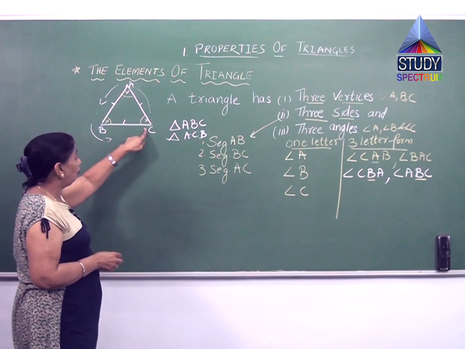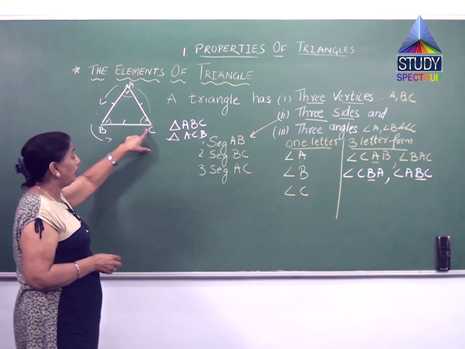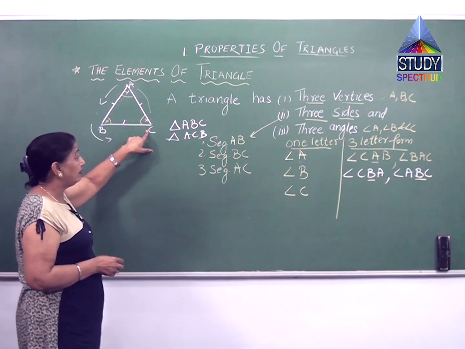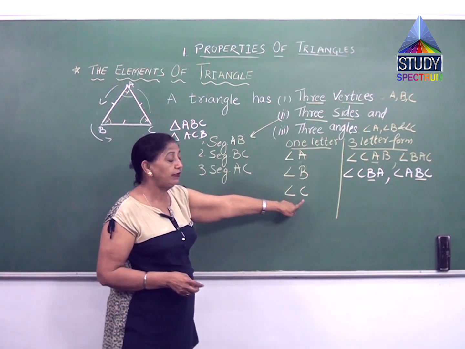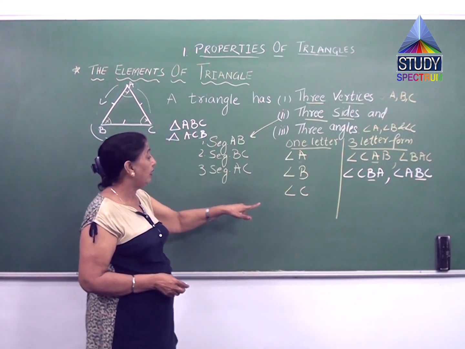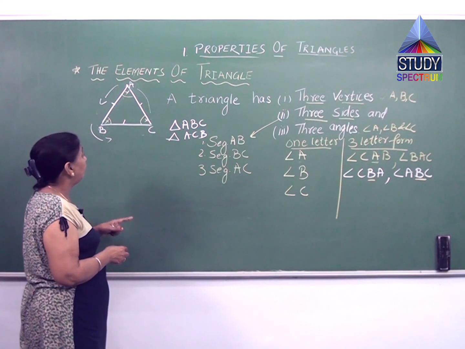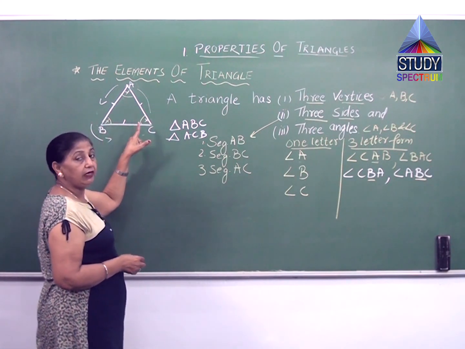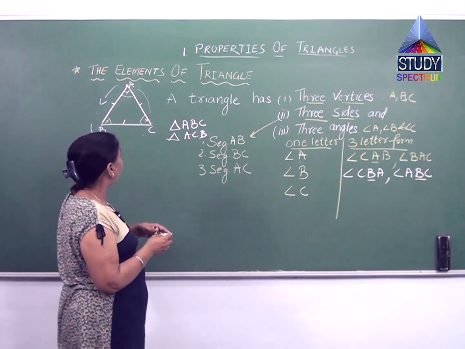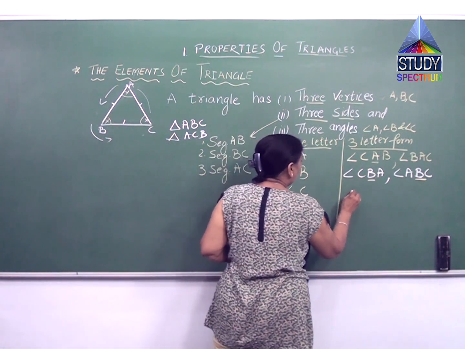Now when we move to angle C, to write this angle C in single-letter form, it can be written like this. And the same thing I want to write in 3-letter form. So I'll move clockwise or anti-clockwise.